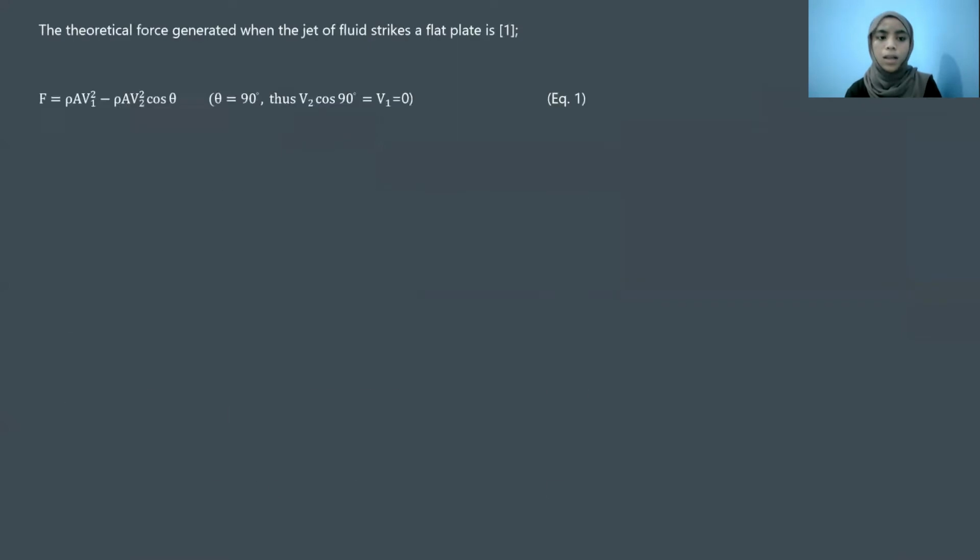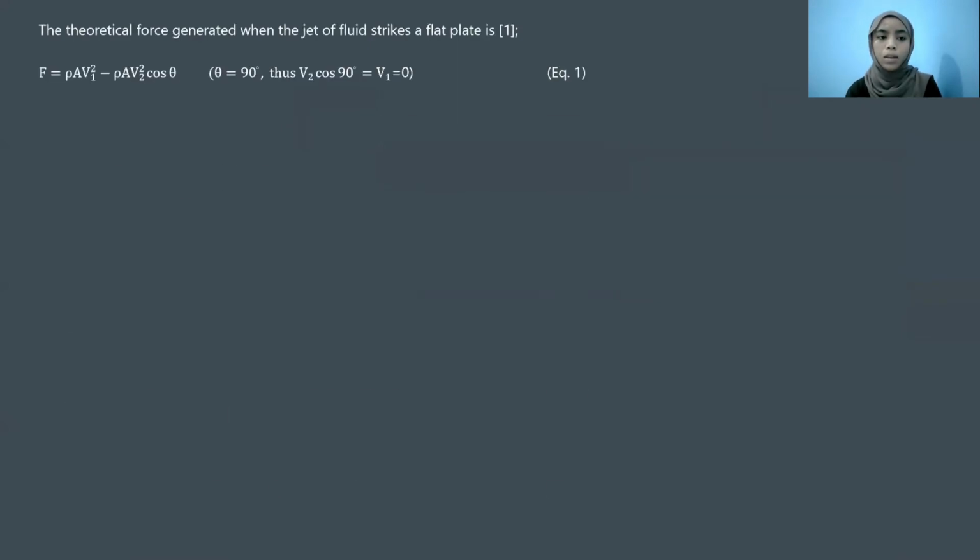So basically, when the angle is 90 degrees, cos 90 degrees becomes 0, so we can eliminate this term. Here we can write equation 1 as F = ρAV1² only.